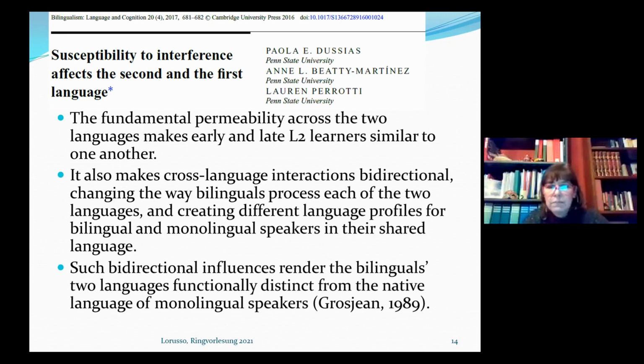So, as we already said, cross-language interactions are bidirectional, and they render the bilinguals' two languages functionally distinct from the native language of monolingual speakers. So a bilingual speaker of a language is never exactly the same as a monolingual speaker of that language.